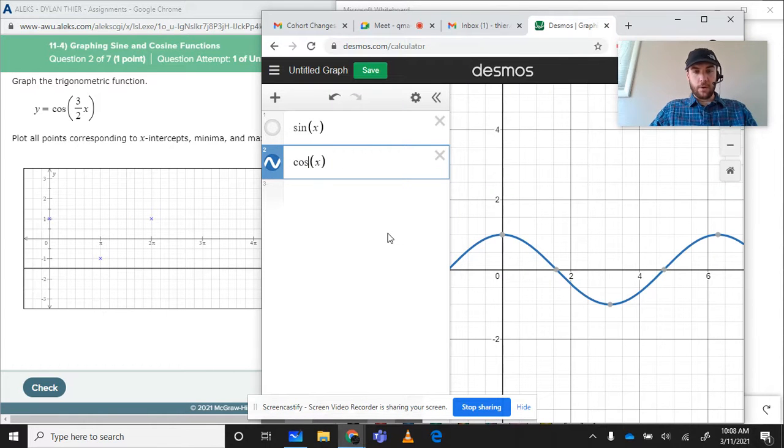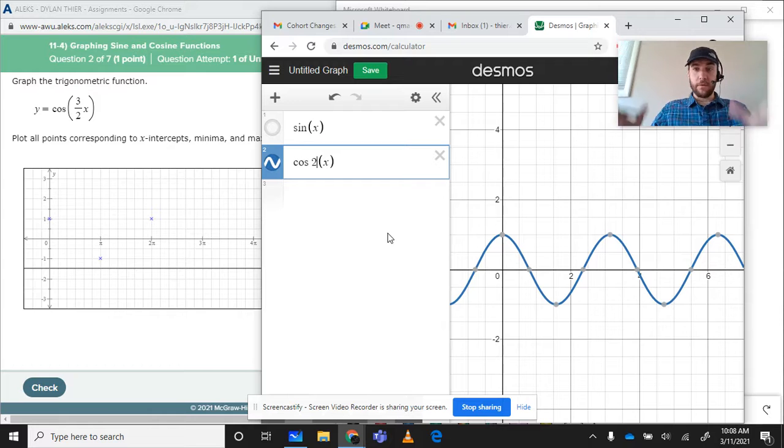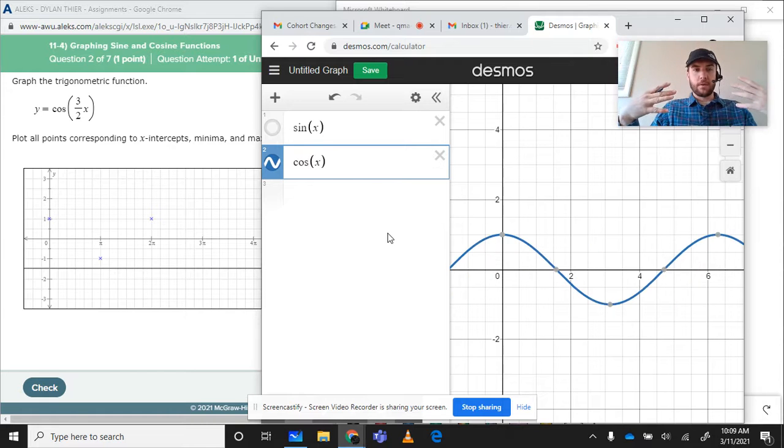So if I put in cosine of 2x, I kind of squish it down. Like if you imagine it's a slinky, you compress the slinky. So if I was making up vocabulary, I might call this a compression factor. It's a factor in front of x that tells you how much you're compressing it by. Now, if we have 3/2, that's 1.5.